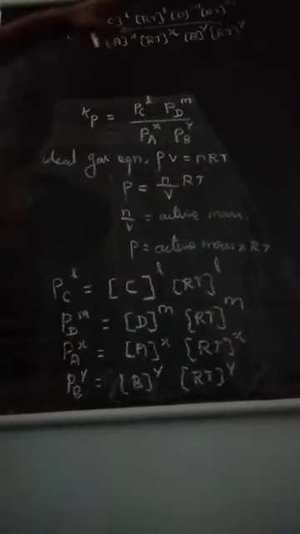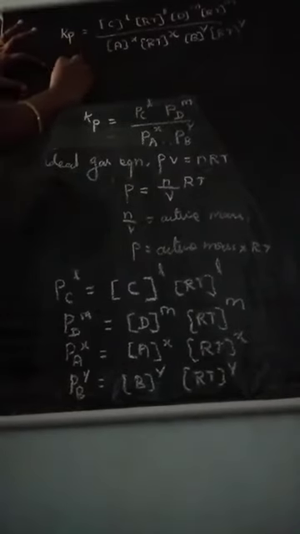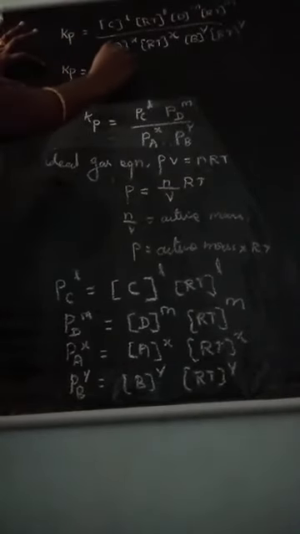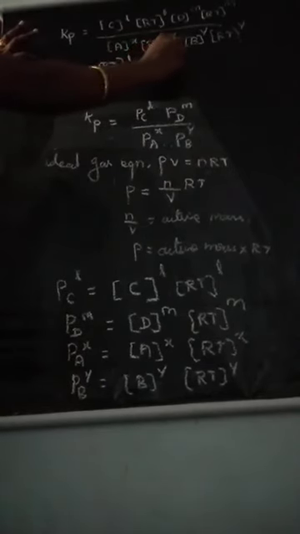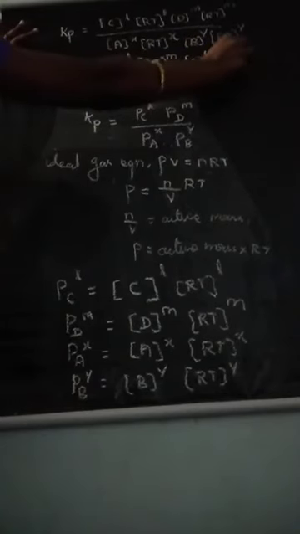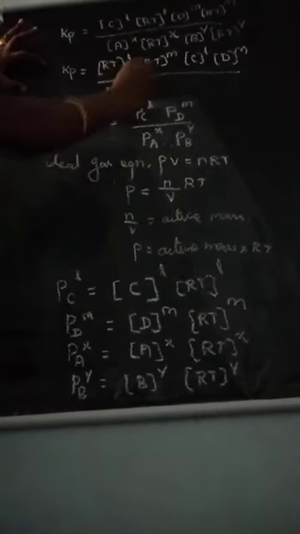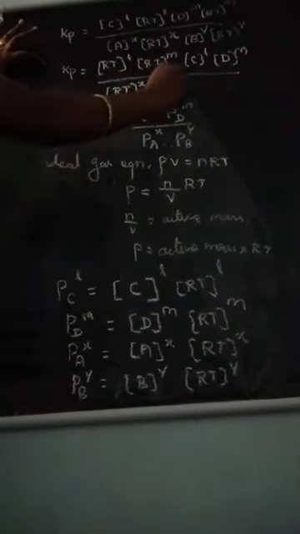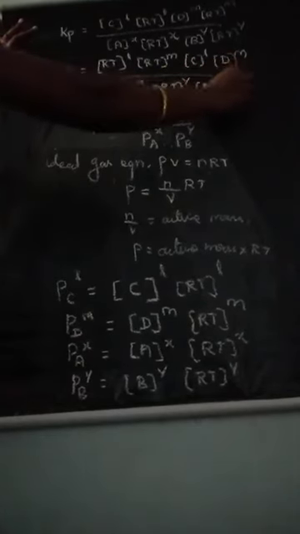Understand? Now listen. From this, take the RT terms separately. So how can we write the formula? Kp is equal to RT power L into RT power M into C power L D power M divided by RT power X into RT power Y into A power X into B power Y. Understand?